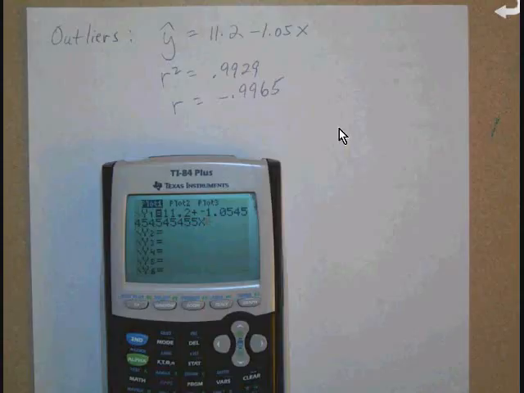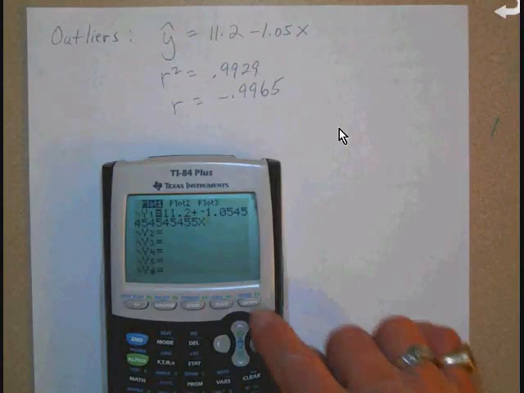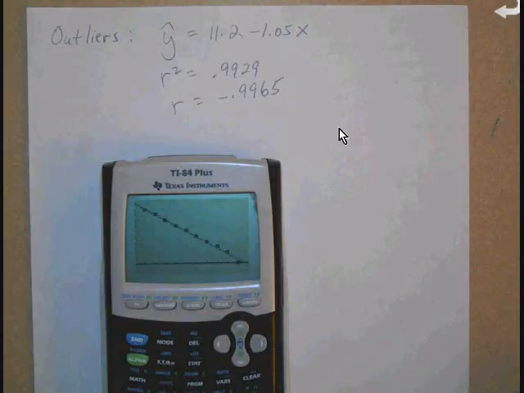There's another way to do it, but that's just one of the ways of doing it. Okay? So now I'm going to hit graph, and I see that my line of best fit, my least squares regression line, is graphed right there. It looks pretty darn good.